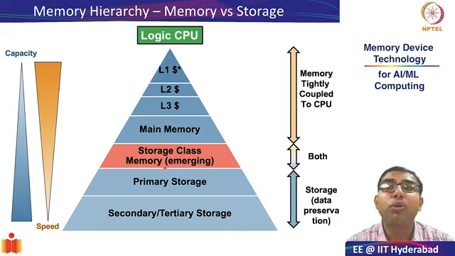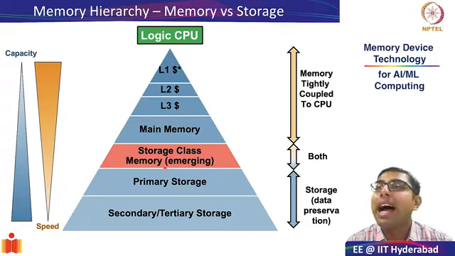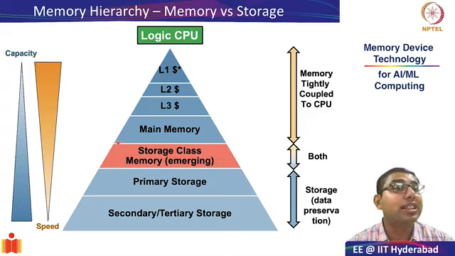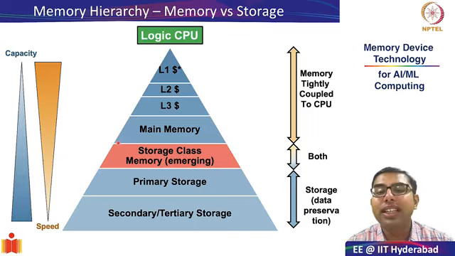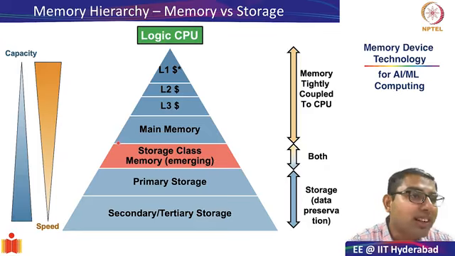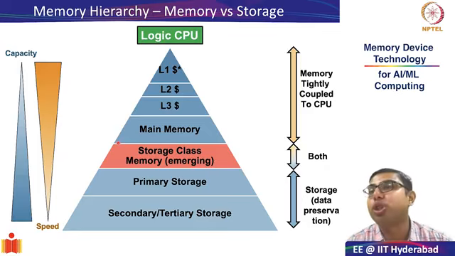The best way to look at the present situation without storage class memories is that there is a clear distinction between the main memory and the primary storage. However, as we have been discussing for quite some time, these emerging storage class memories can function both as memory and storage.